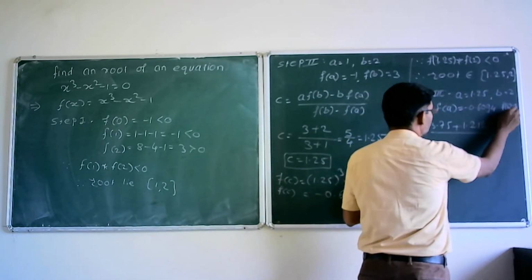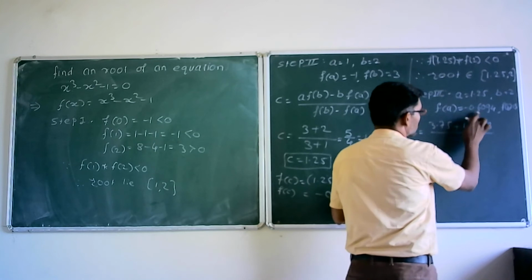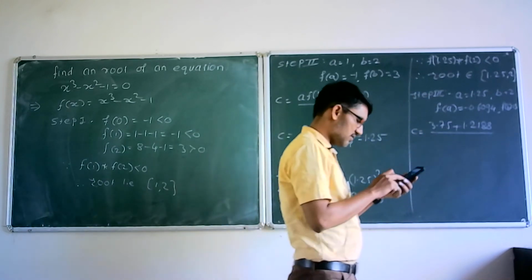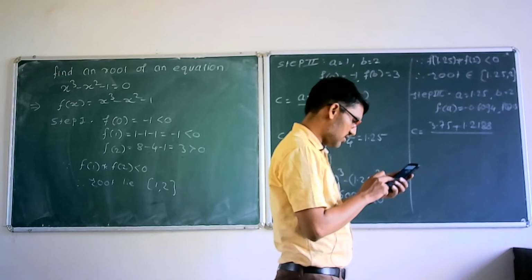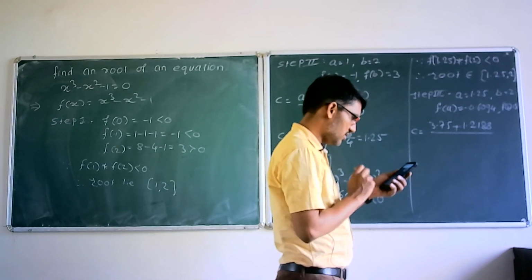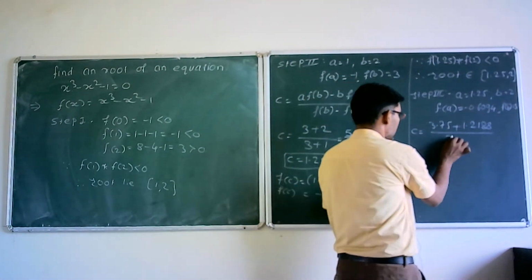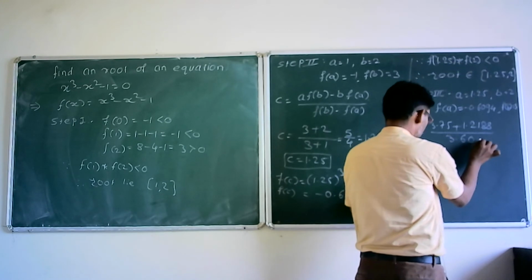This is f of b, so f of b minus f of a, so minus again plus, so 3 plus 0.6094, you will get 3.6094.